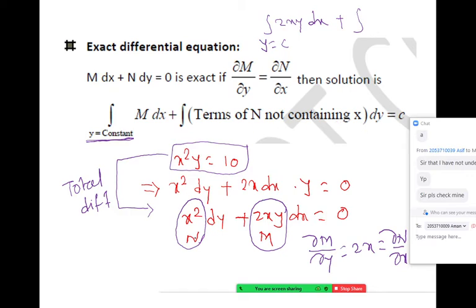Generally, terms are separated by addition and subtraction. There is a single term in N, x square, and that term contains x, so there is no term free from x. So I write 0 dy is equal to a constant, the constant of integration. This is the formula that we have. Now, what is the integration of 2xy with respect to x?